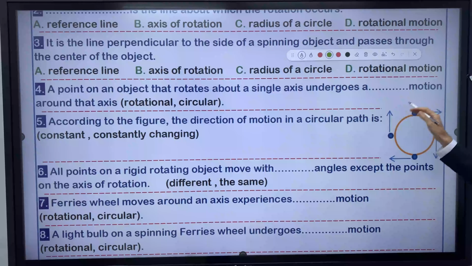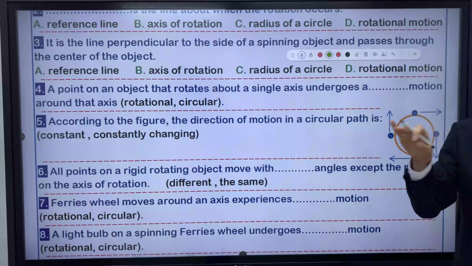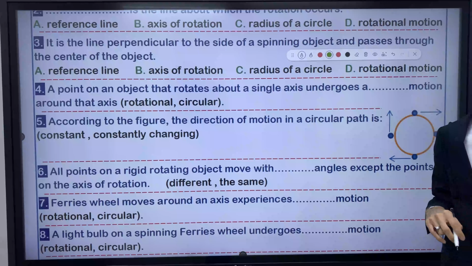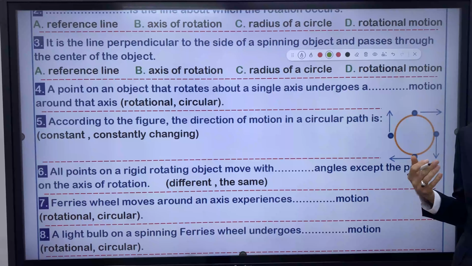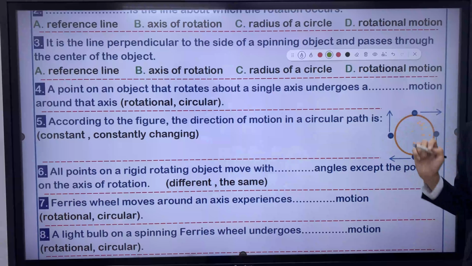Maybe this object is a car that travels along a circular track, or maybe it's a light bulb on a merry-go-round or Ferris wheel or anything, right? So there's an object. The object rotates about the circular path.